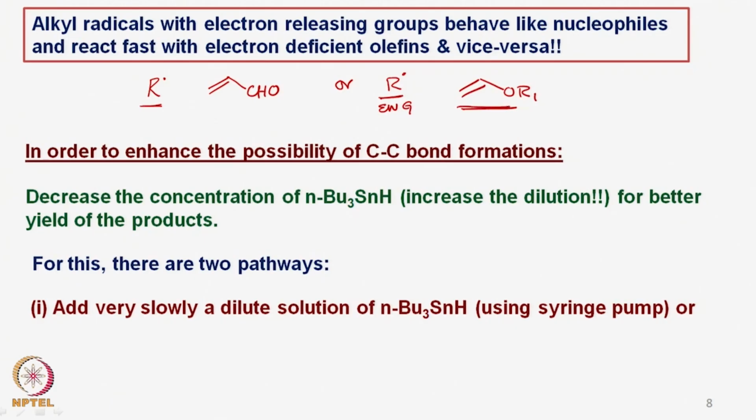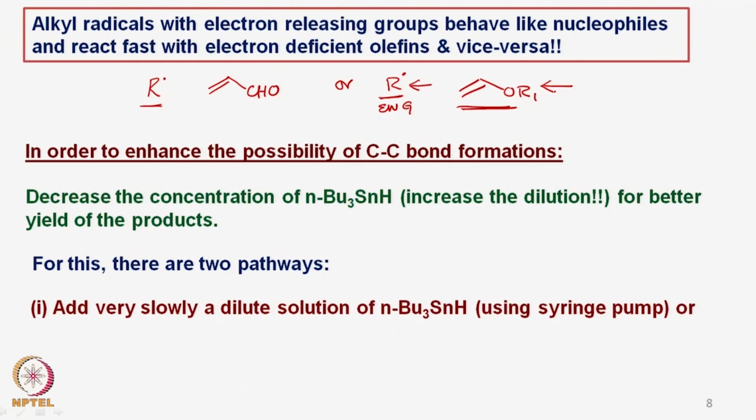That is how it is vice versa. Alkyl radicals with electron releasing groups behave like nucleophiles and react fast with electron deficient olefins, and electron withdrawing groups attached to the radicals react with electron rich olefins.